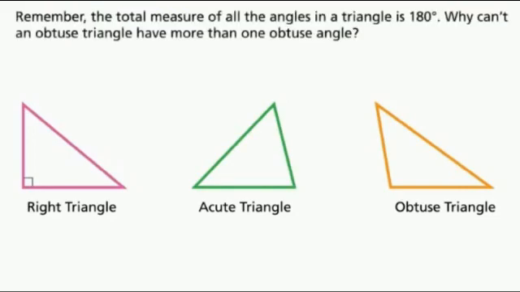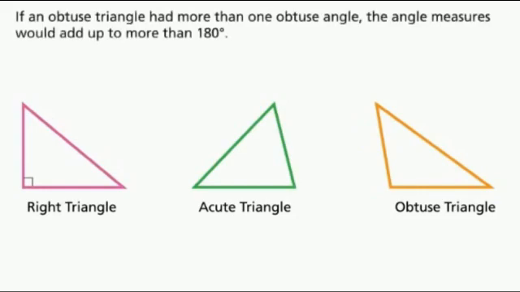Remember, the total measure of all the angles in a triangle is 180 degrees. Why can't an obtuse triangle have more than one obtuse angle? If an obtuse triangle had more than one obtuse angle, the angle measures would add to more than 180 degrees.